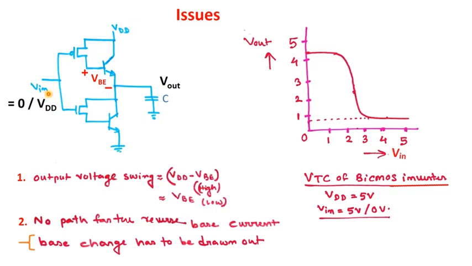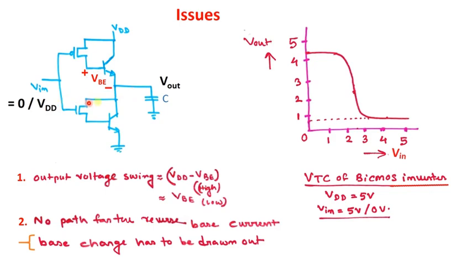Suppose V in was initially 0. So when V in is initially 0, this block was on, this block was off. So this bipolar junction transistor was on, and this capacitor has charged till VDD minus V of BE. Now when V in is switched from 0 to VDD, we expect that this block should turn on immediately and this block should turn off immediately.